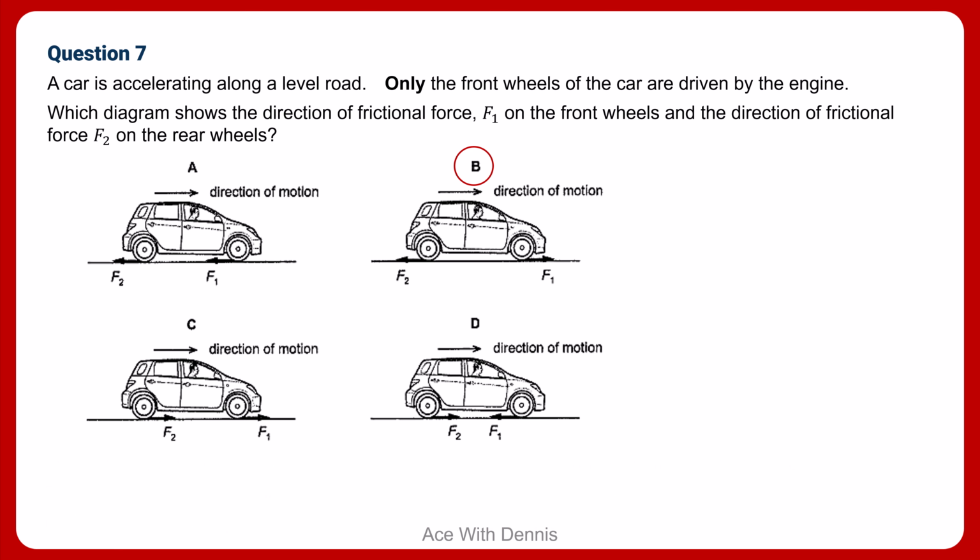Now, let's look at the front wheel. As described by the question, it is attached to the engine. When the engine rotates the rod that connects between the front wheel and the engine, the front wheel will rotate in this direction as well. Hence, it applies the driving force to the floor in this direction. Hence, the frictional force which opposes the driving force will react in this direction.